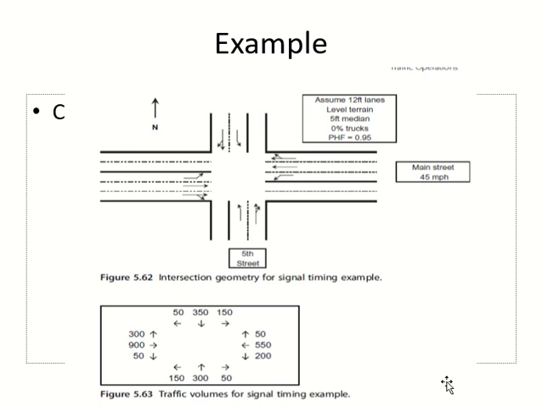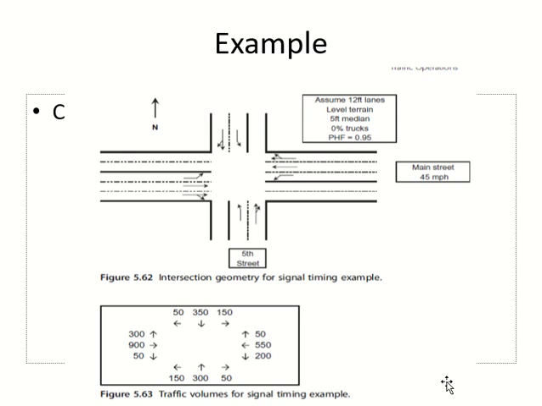So this lane will have 55 percent of 550. This lane will have 45 percent of 550 plus 50 for the right turn. Clear? And same thing for the other side as well.